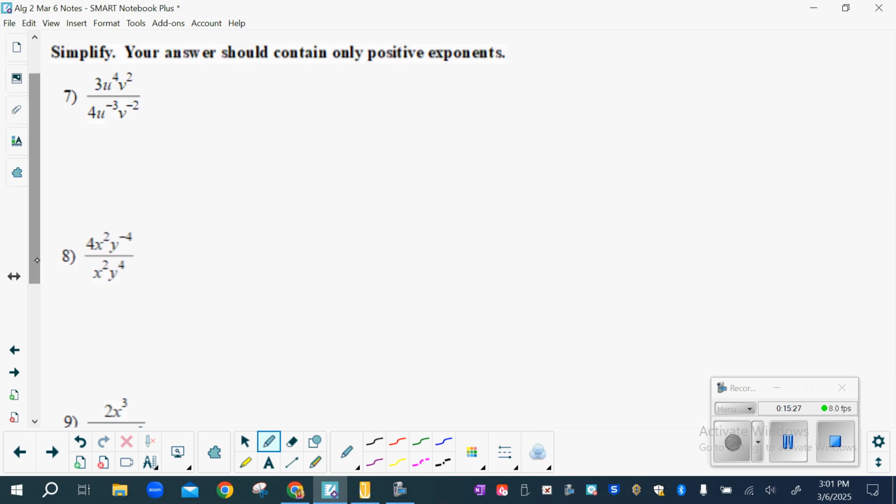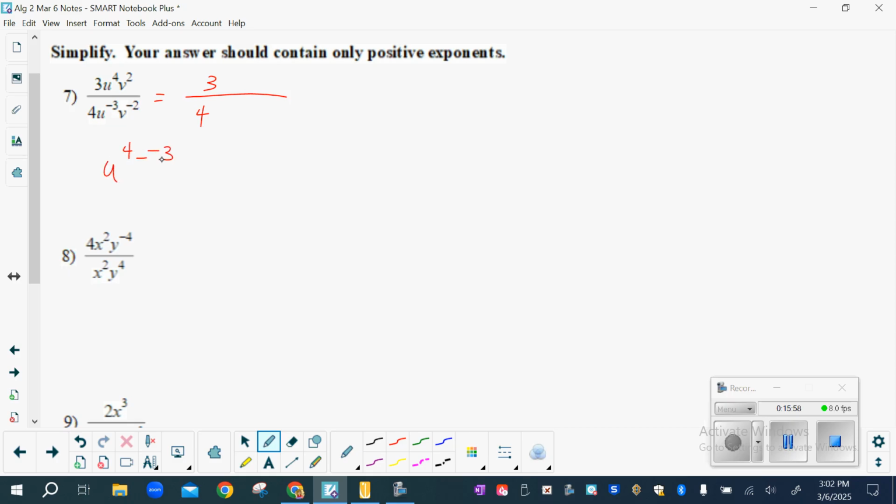Okay, so on number 7, we've got some division here. What did we say we could do when we're dividing? Subtract them. So this group here, the 3 and the 4 stay where they are. We can't do any simplifying with that. And then if we subtract our exponents, we get u to the 4 minus -3.